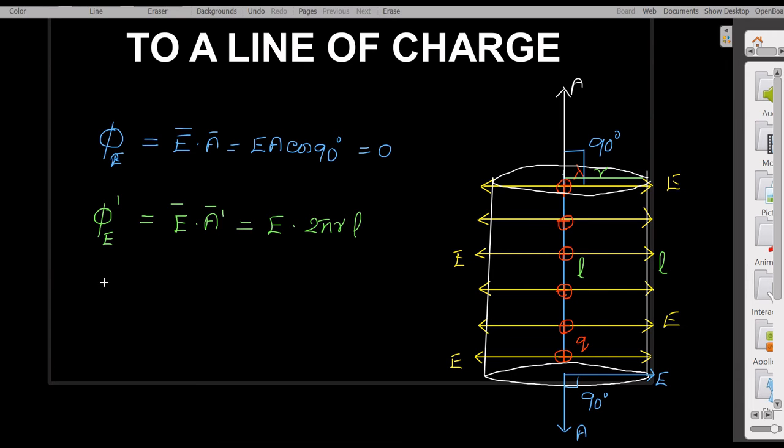According to Gauss theorem, integration over the closed surface, which is the surface we consider, E dot ds is equal to q by epsilon naught, if we consider the entire system is kept in free space or vacuum medium.